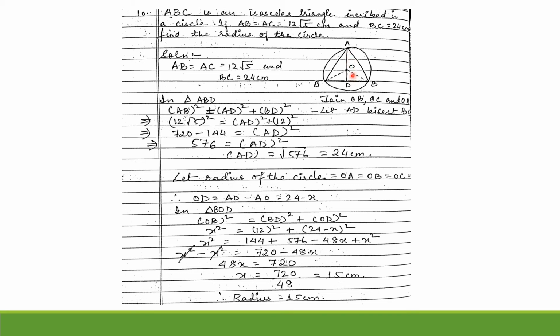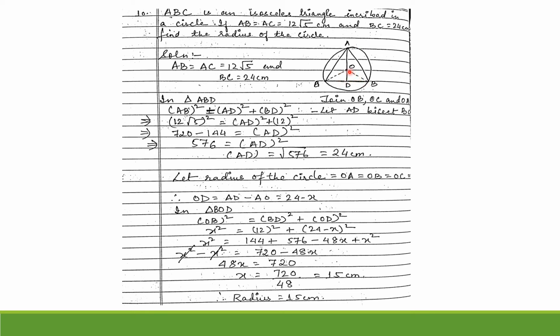So I'm assuming the radius of the circle to be x. So OD will be 24 minus x, and then using Pythagoras theorem, again we can find out the value of x, which we got as 15 centimeters. So when I'm using the triangle BOD, if you see this is a right angle triangle.